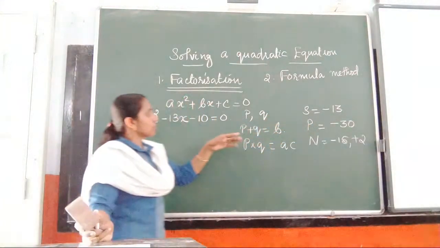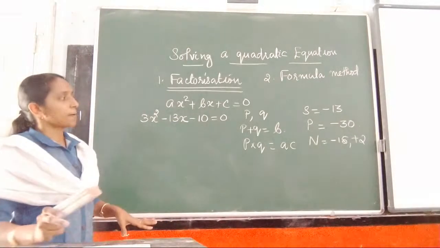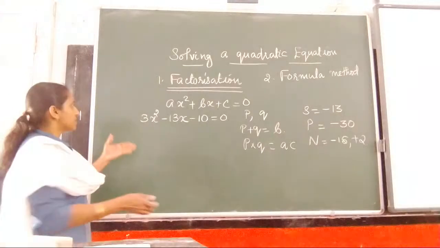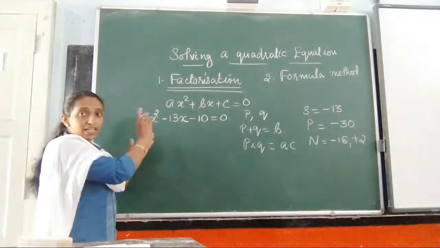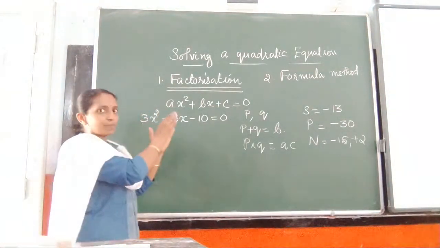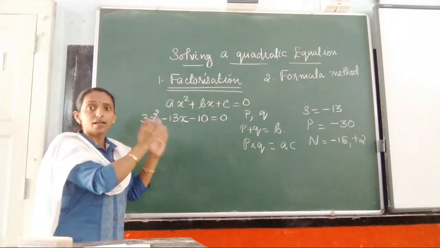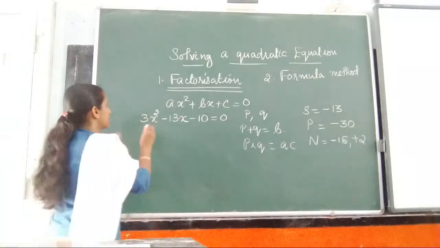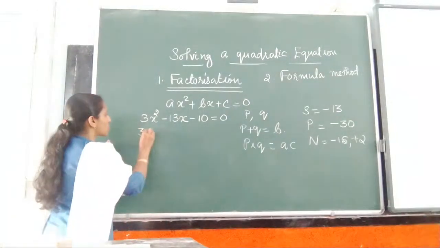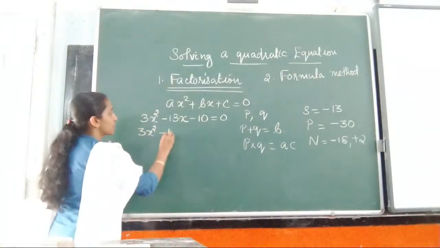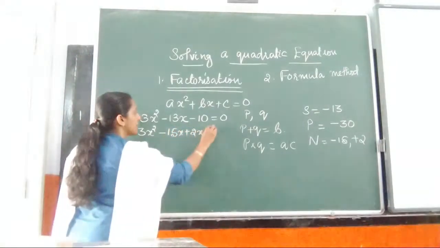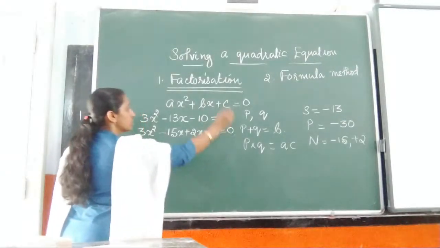Right? So we got the two numbers, minus 15 and plus 2. Then you will substitute here, in the place of the middle term. That is our procedure, splitting the middle term. So you will substitute it in the middle part. That means 3x square minus 15x plus 2x minus 10 equal to 0.